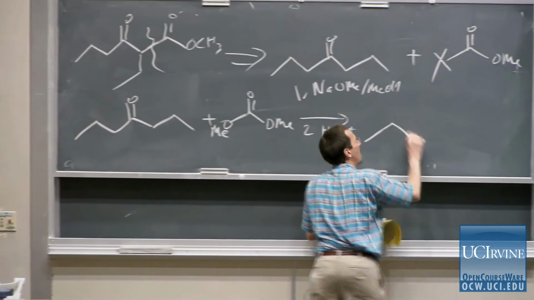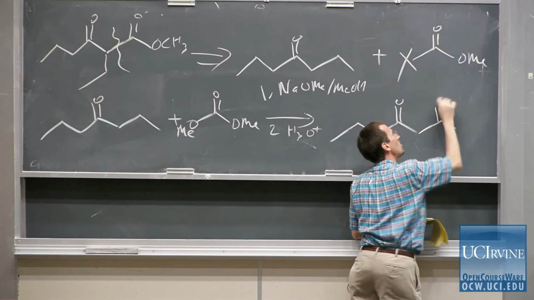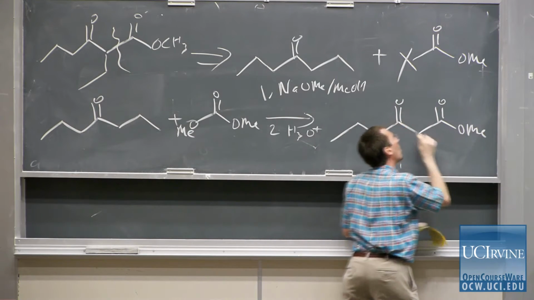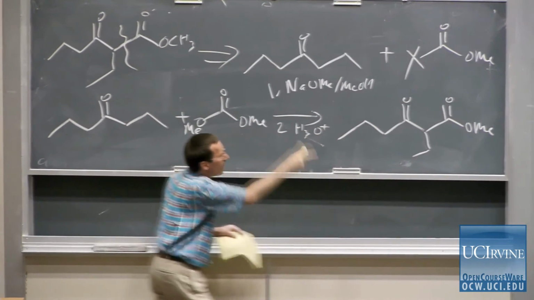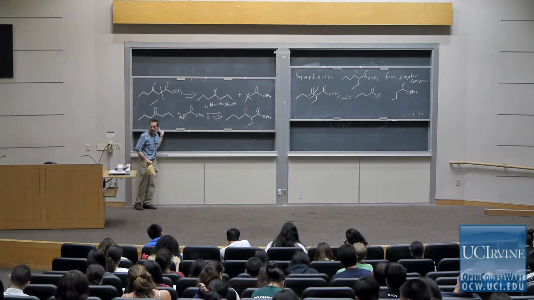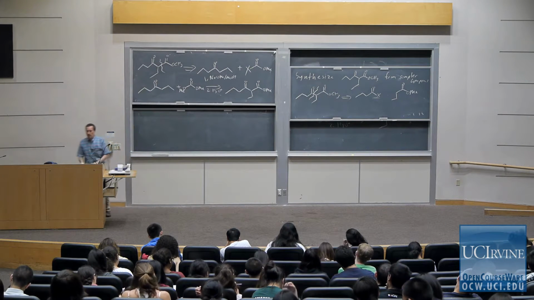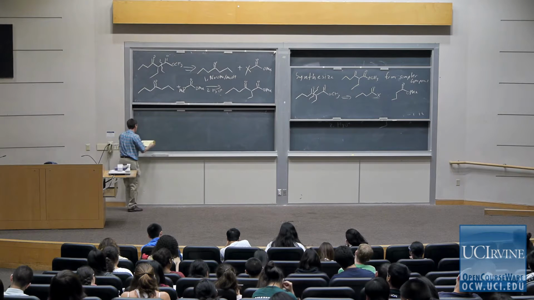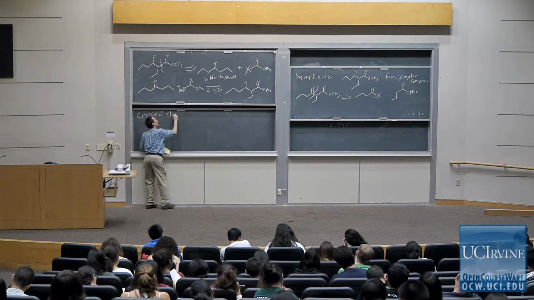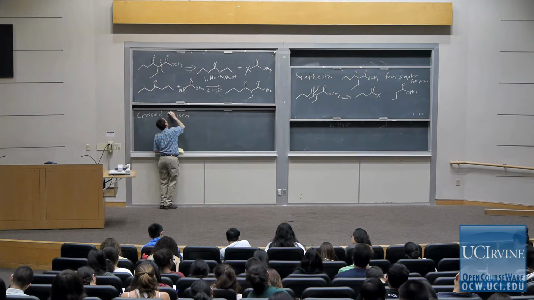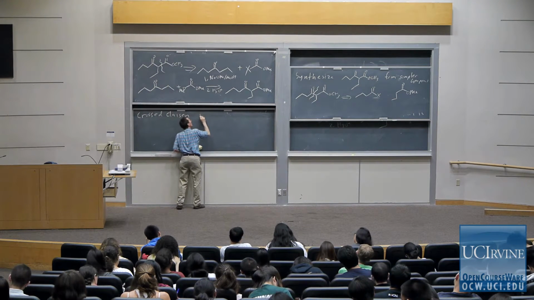And I've come up with a reasonable alternative synthetic route to the compound that I asked the question about. And that's beautiful. That's profound. We call this reaction a cross-Claisen reaction. Claisen's a name, so I'm capitalizing it, or at least trying to.